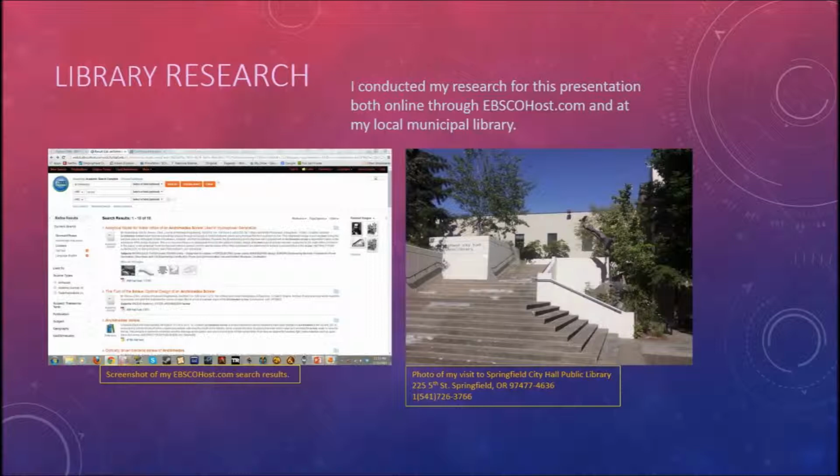This being a library research project, I conducted my research for this presentation both online through EBSCOhost's link on our FSO platform. I included here a screenshot of my research results, and also at my local municipal library, which I took a picture of while I was there and have included it with its contact information.